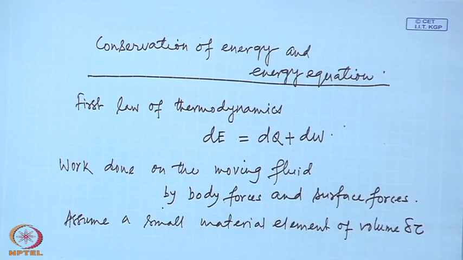So, how much will be the work done on this material element by the body forces? See, the total body force is rho f delta tau. Work done is the scalar product of the velocity and force, the rate of work done.